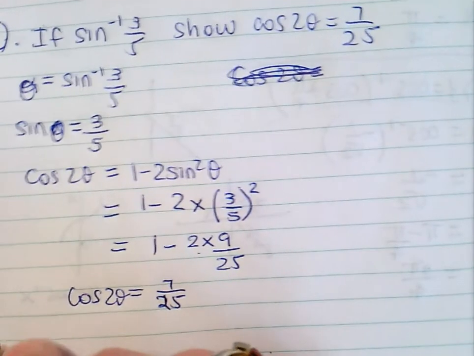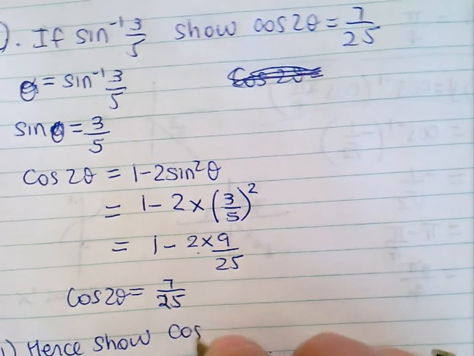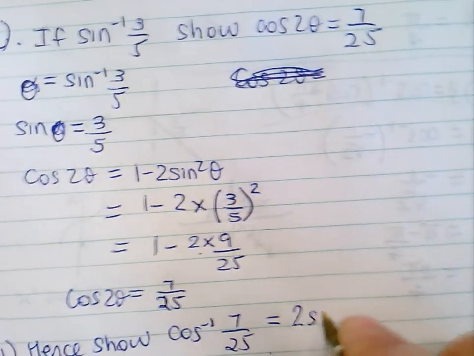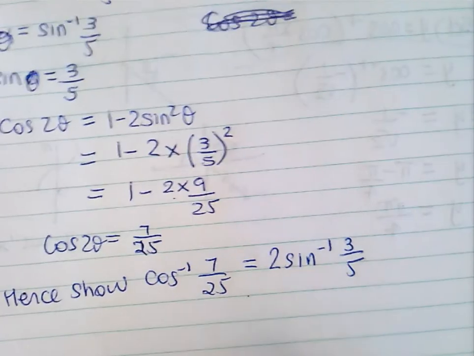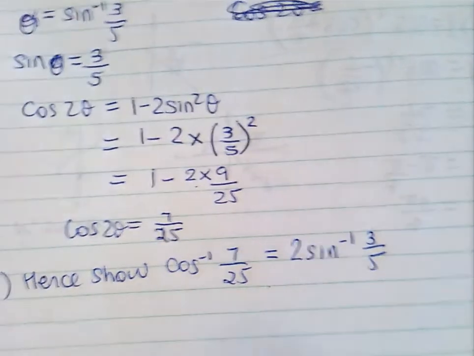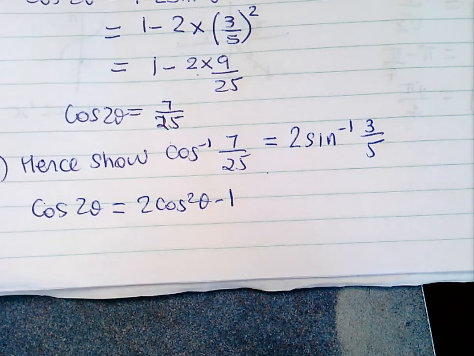It then says part 2, hence show that the inverse cos of 7 over 25 is equal to 2 times the inverse sine of 3/5. Okay. There's a few ways we can do it. I don't know, I'm just trying this.